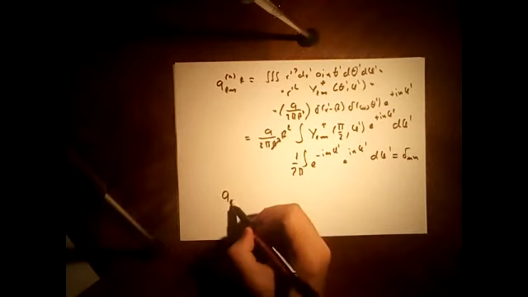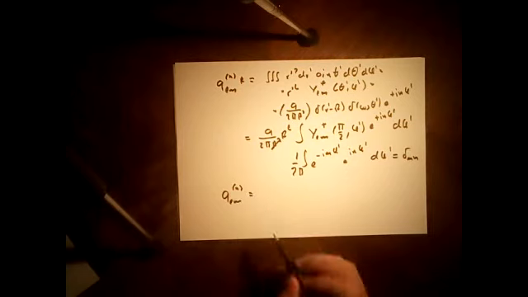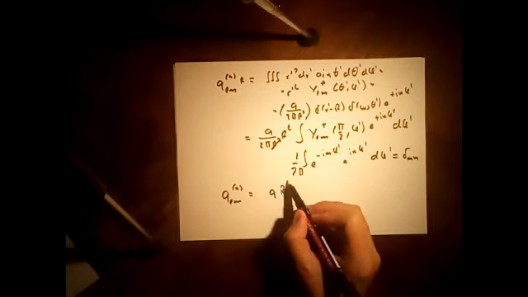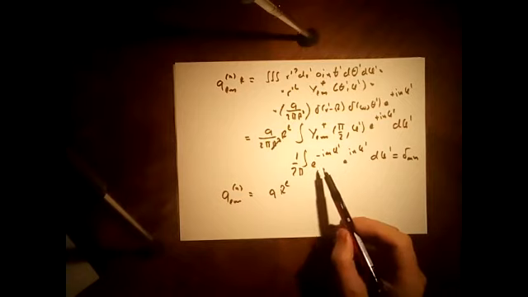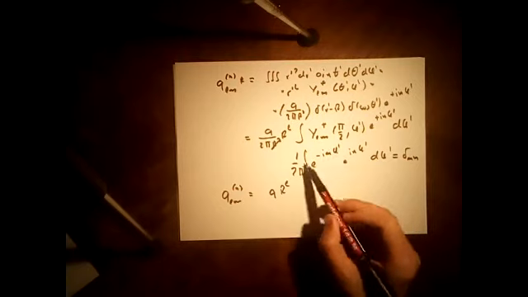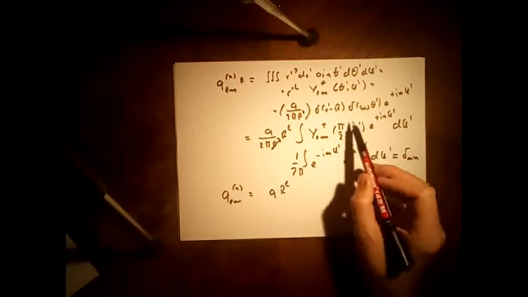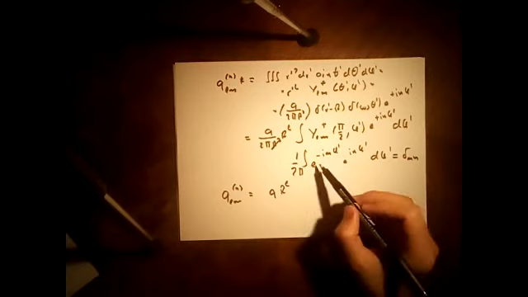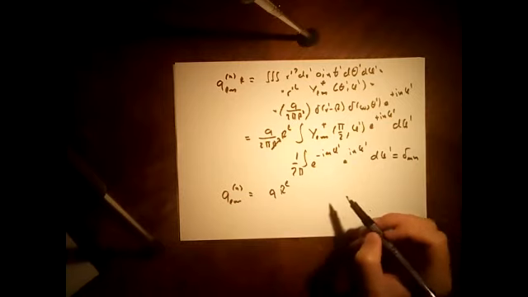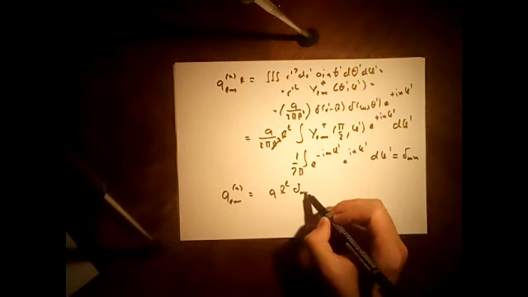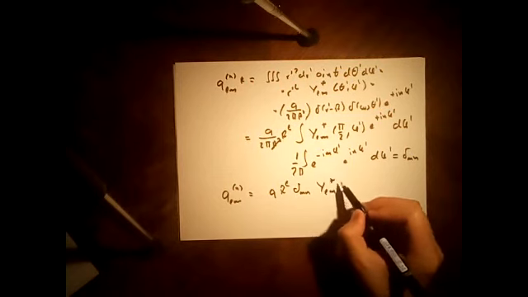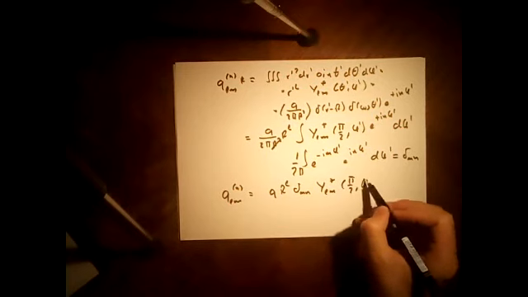So basically our moment in this case is going to be q r to the l, and since I took out the exponential e to the i m phi prime of the spherical harmonic, I can put a 0 there. So the rest of the story is that I have this delta_mn here and Y_lm star of pi over 2, 0.